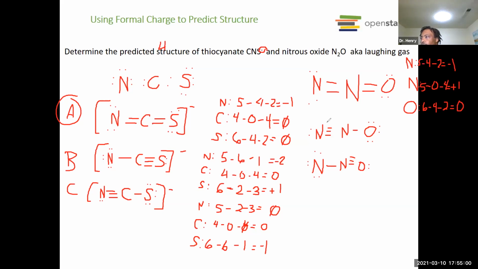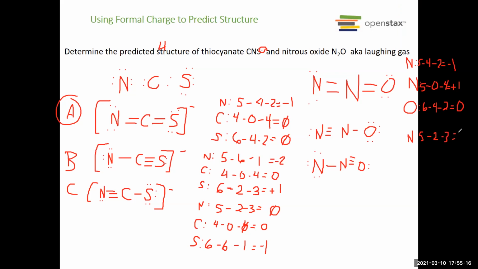Okay, under this circumstance, we have that first N, so then that's 5 minus 2 minus 3, which equals 0.